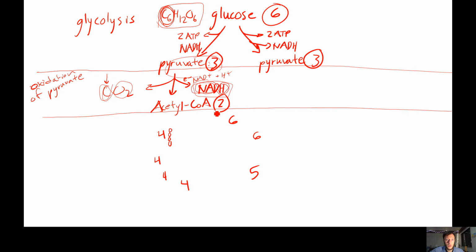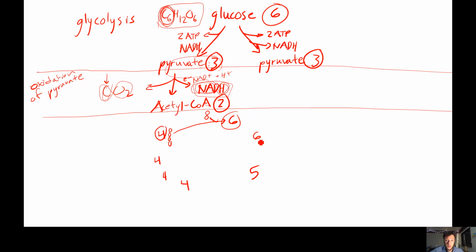And this molecule right here, which we'll symbolize as 2 carbons, are coming together. I mean, 2 circles symbolizing those 2 carbons are coming together to make a 6-carbon molecule. See, so this 2 and this 4 are coming together to make a 6. See, so this is where it's entering the cycle.